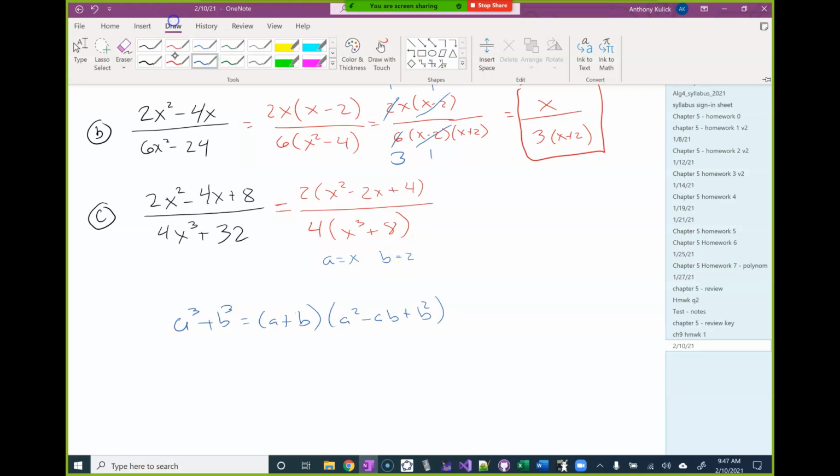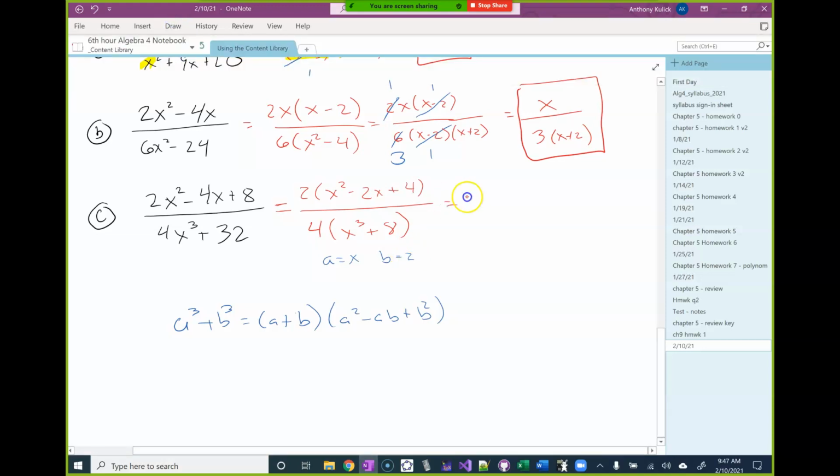So when we plug those in to our sum of two cubes factoring pattern, we have A plus B, A squared minus AB plus B squared.